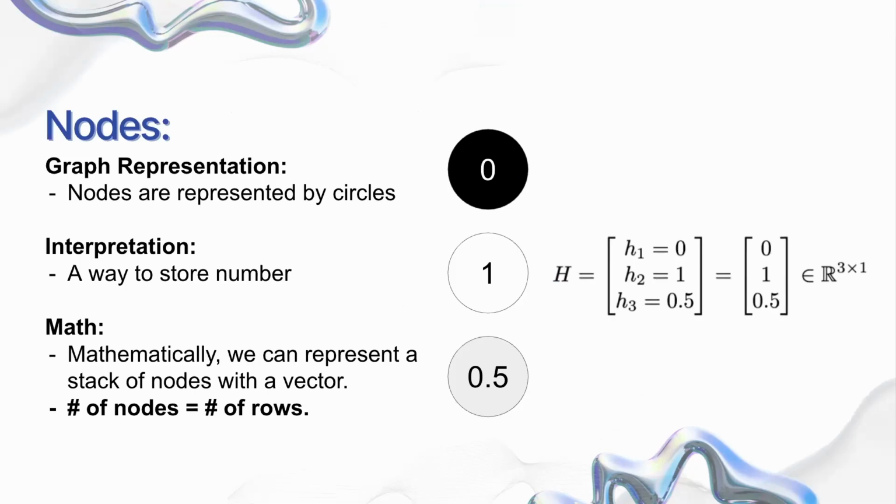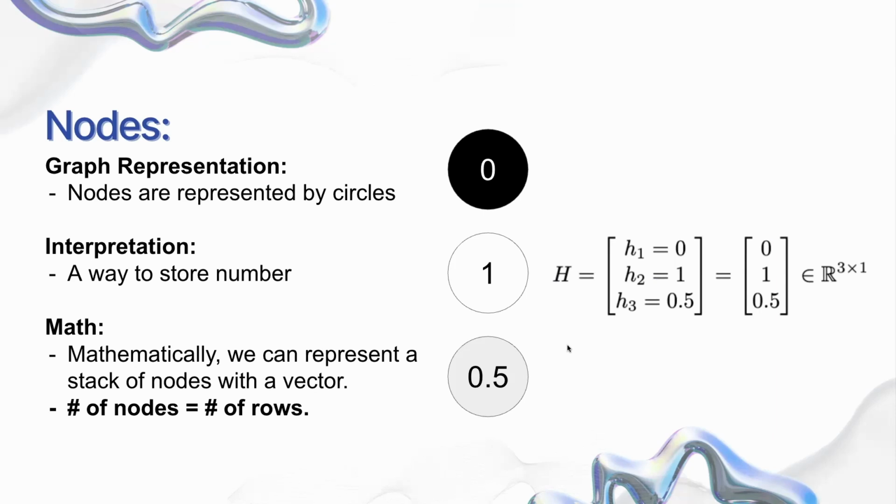Graphically, we can represent our nodes as circles. For now, I just want you to think about these nodes as a way to store numbers. Mathematically, we can represent the stacks of nodes as a vector where the number of nodes equals the number of rows.